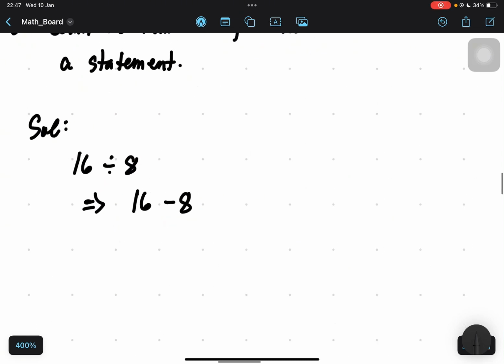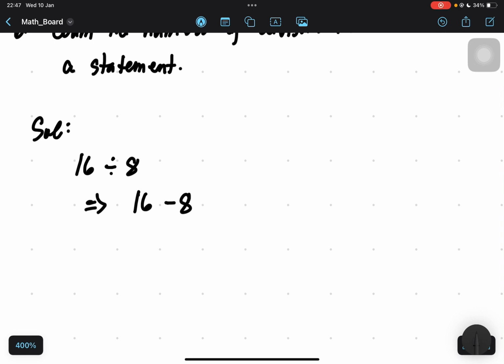So 16 divided by 8 is interpreted as 16 minus 8, and 16 minus 8 is equal to 8, and 8 is not equal to 0. So we subtract by the same divisor, which is minus 8.